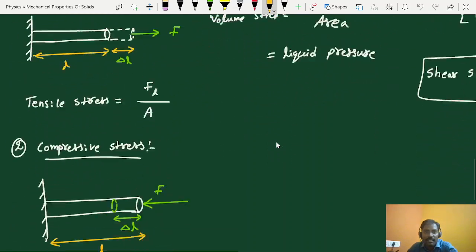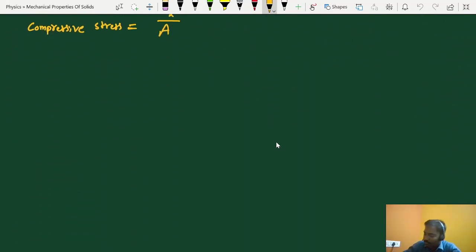And let us talk about strain. Next concept is strain. See, strain is, in simple words, the effect of stress. When stress acts on a body, we can expect changes in the dimensions of the body.